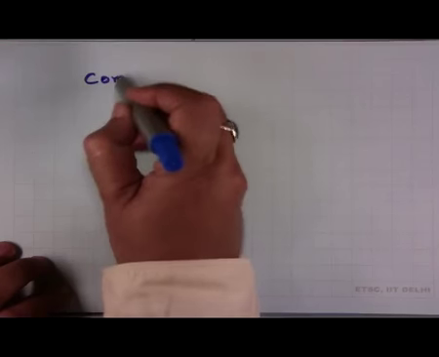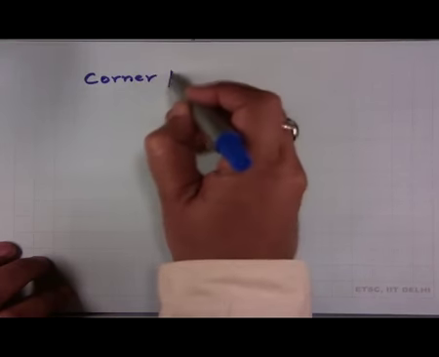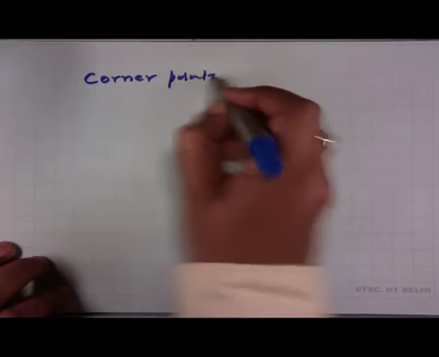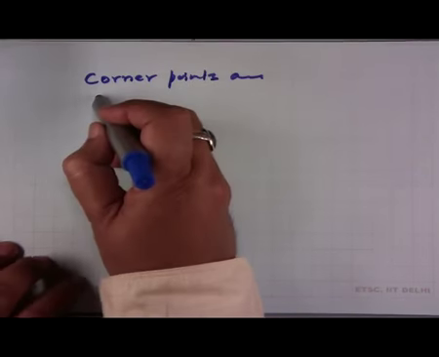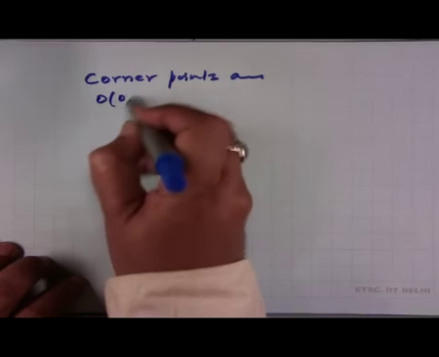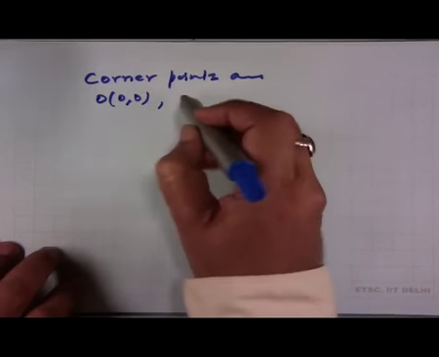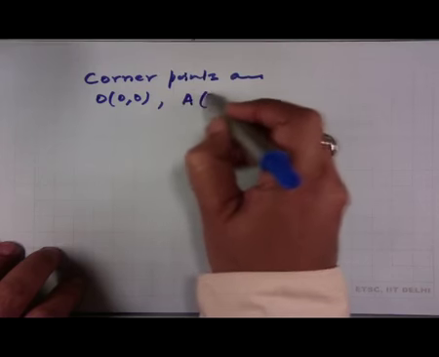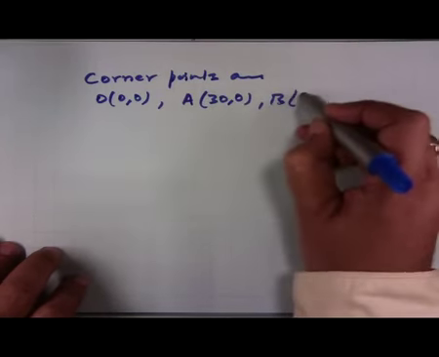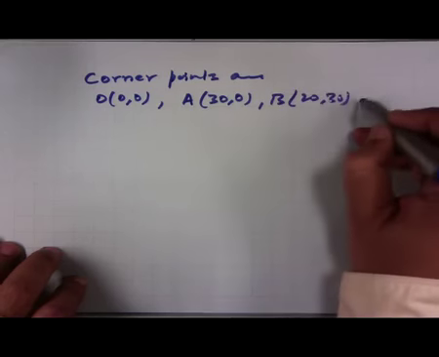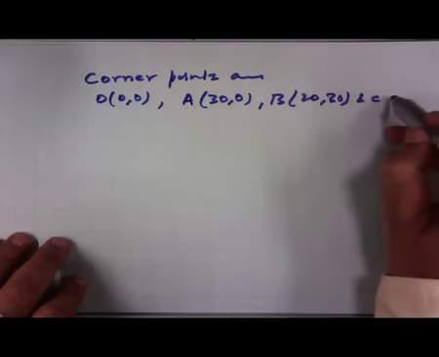So corner points are (0, 0), A (30, 0), B (20, 30) and C (0, 50).